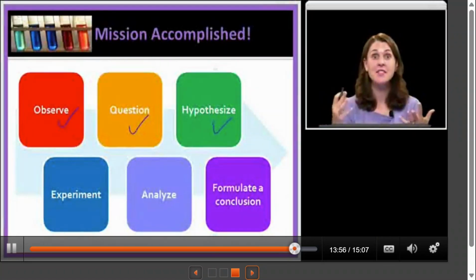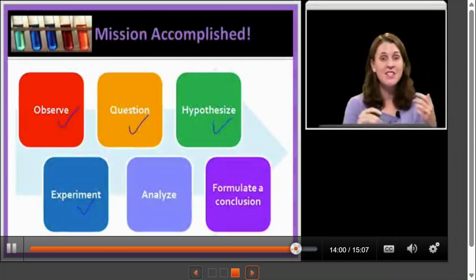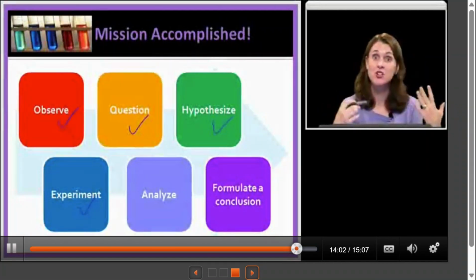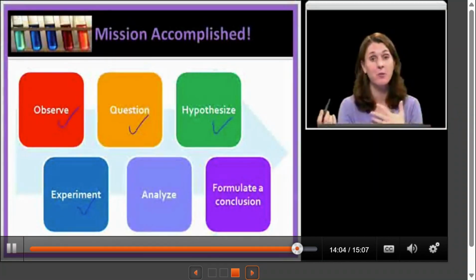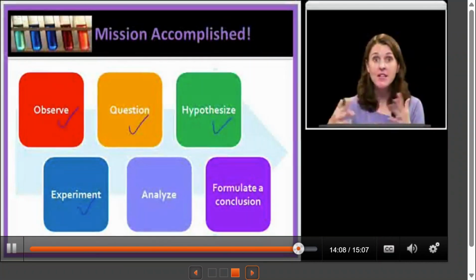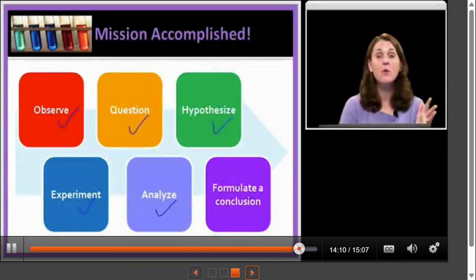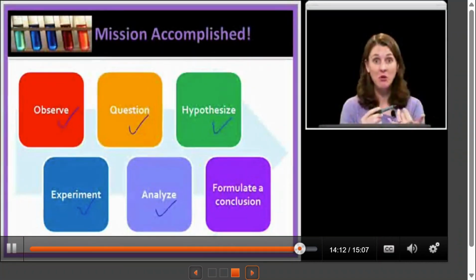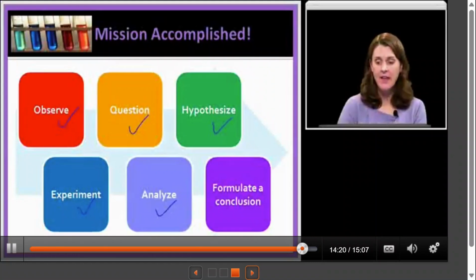A hypothesis is an if-then testable statement. You set up a controlled experiment with a control group and an experimental group with an independent and dependent variable. You run that experiment. You record your data. You analyze your data. That could be in a table format, or you could have a line graph, bar graph, or pie graph. All of these are different methods to analyze and interpret data.